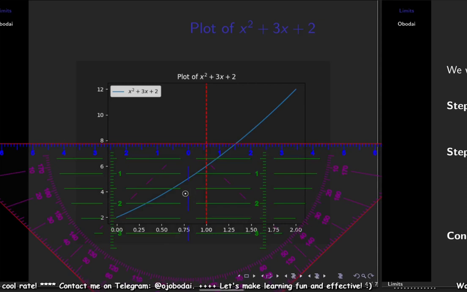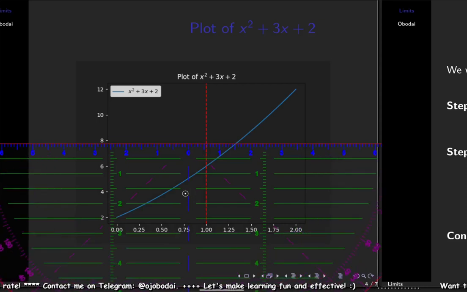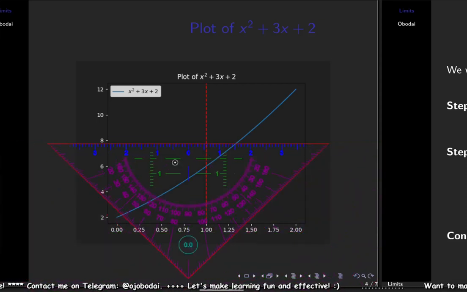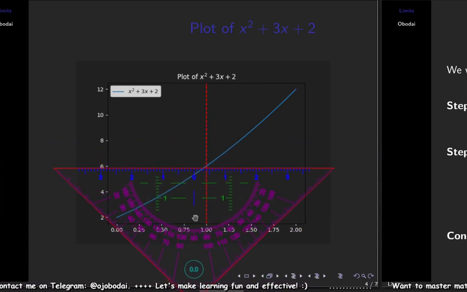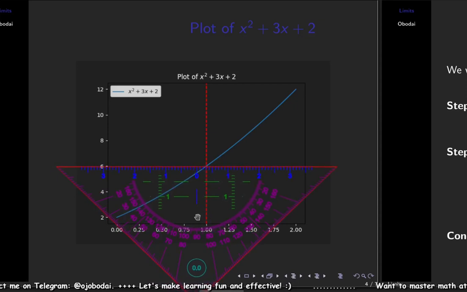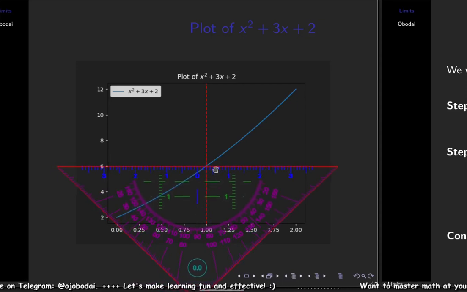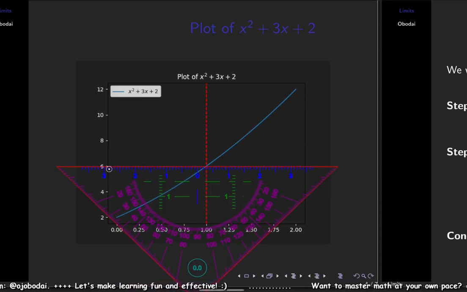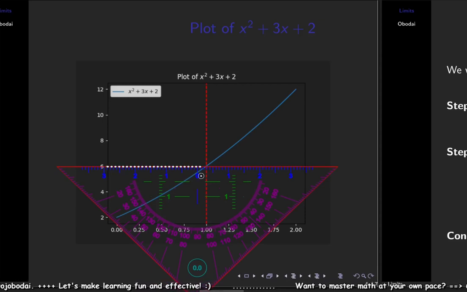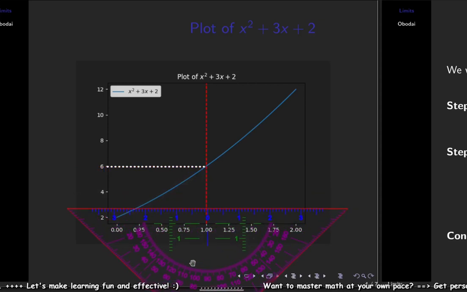If you would just use your ruler to trace out the point where these two lines intersect, you would see that you are going to have your 6, just as we solved. So let me plot that. You see, just as we solved, we are getting our 6.